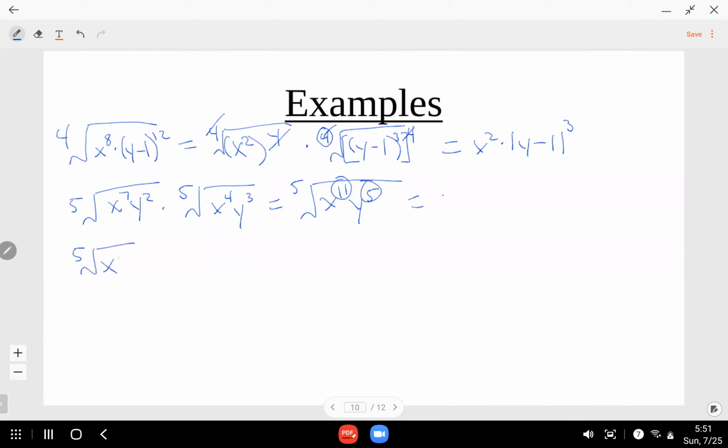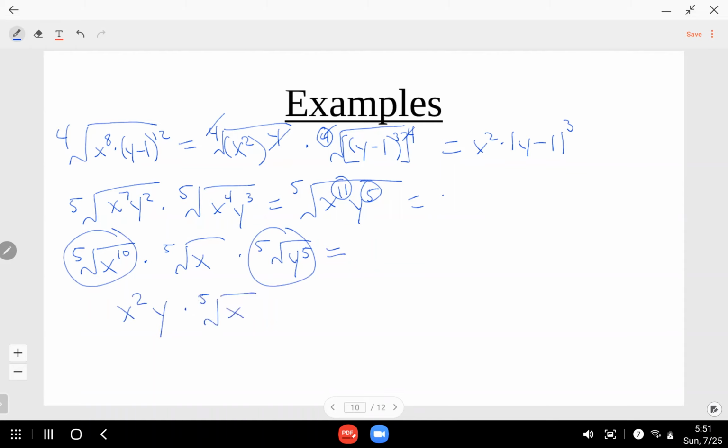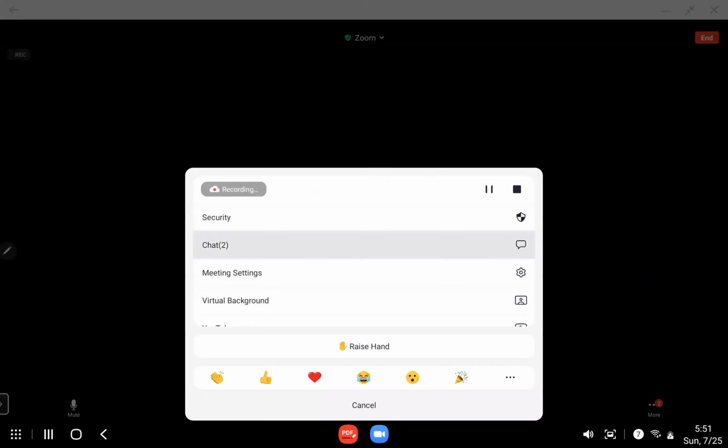This is the 5th root of x to the 10th times the 5th root of just x times the 5th root of y to the 5th, right? And let's simplify these two. We can simplify these two. And once we're done simplifying, we get x squared times y times the 5th root of x. So that is our answer. Okay, does everybody understand how we get this?